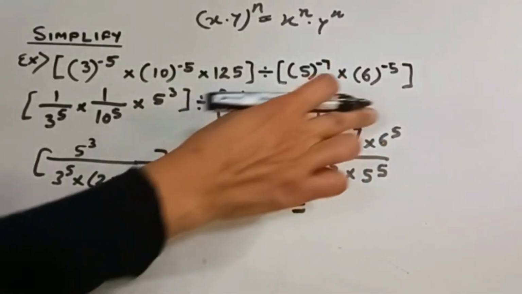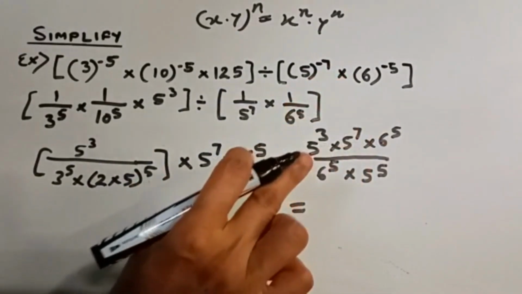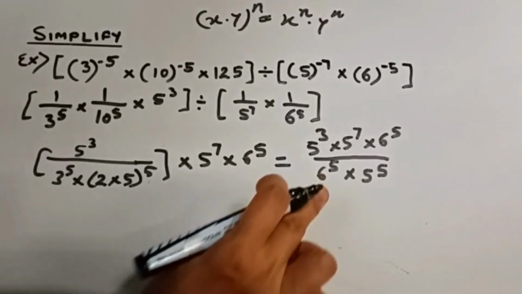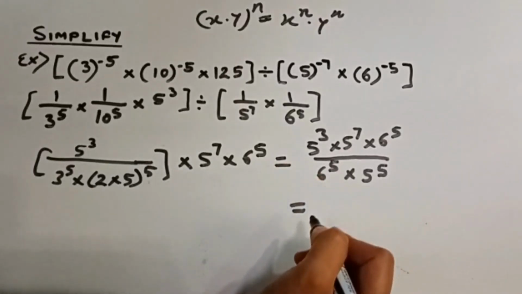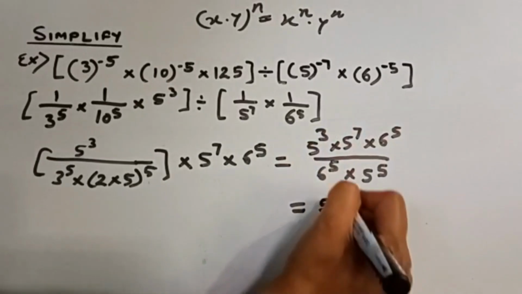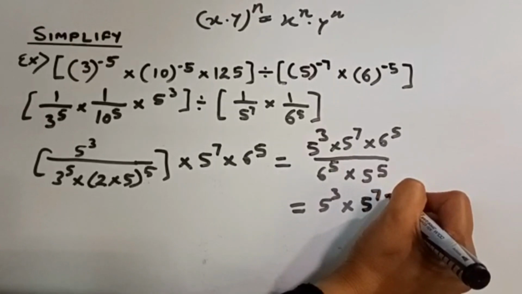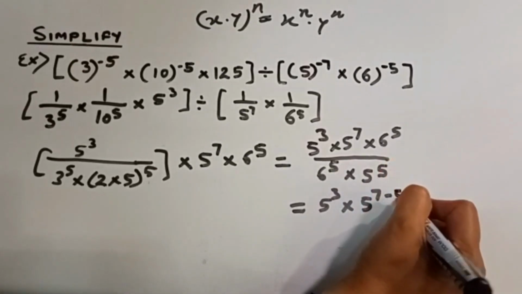This base is same. Subtract the powers. 6 raised to 5 minus 5, which is 6 raised to 0. So 6 raised to 0 is 1. So this part becomes 1. So 5 raised to 3 into 5 raised to 7 minus 5.